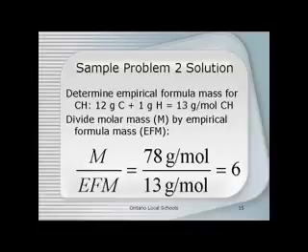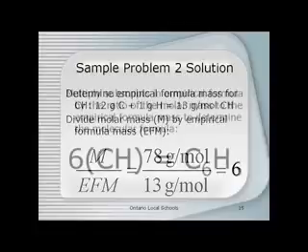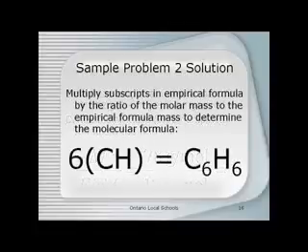And we're going to do something very important with this ratio. When the molar mass of the compound and the empirical formula mass are not the same, what we do is we multiply the subscripts in the empirical formula by the ratio of the molar mass to the empirical formula mass to determine the molecular formula.